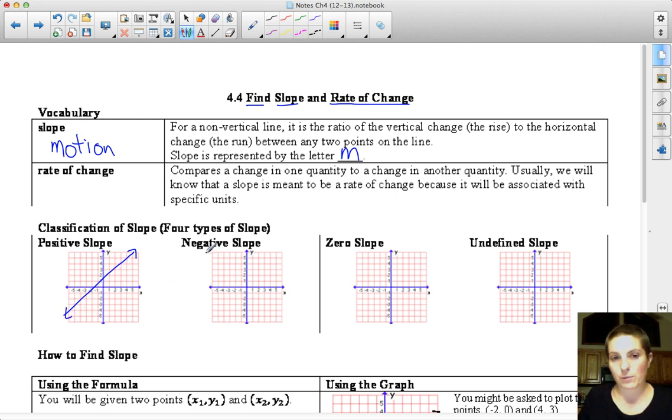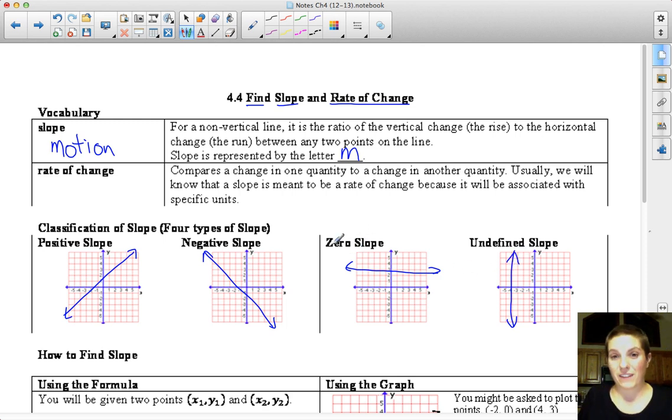If when you look from left to right, it looks as though we're going downhill, that's negative slope. Zero slope is what happens when we have a horizontal line. And undefined slope happens when we have a vertical line.